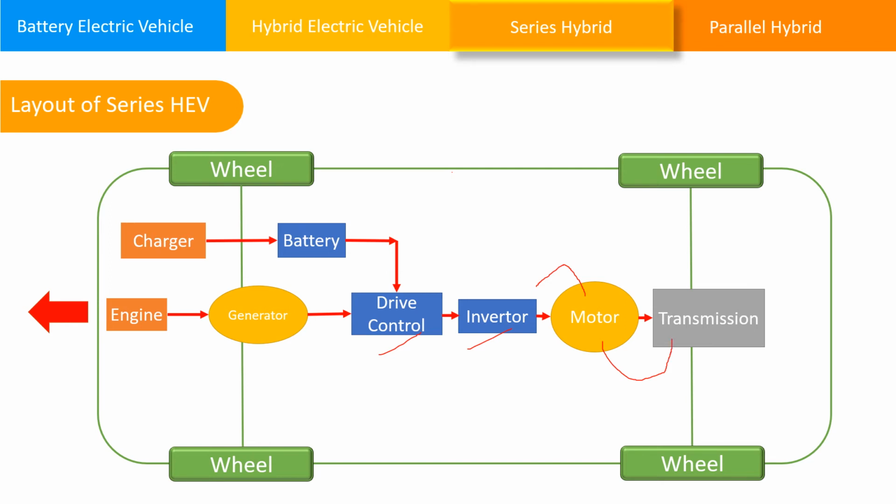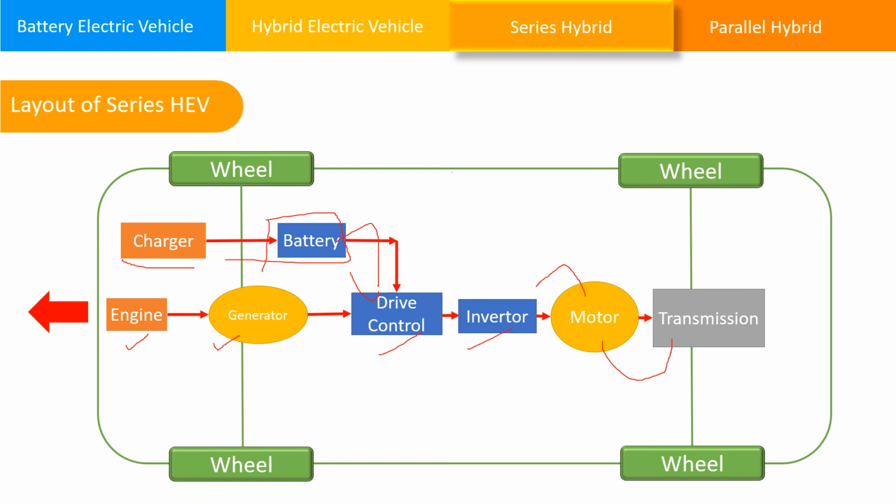But for this drive control there are two sources. There is an external charger whose energy can be stored in the battery and supplied to the drive control, or there is an IC engine which has a generator, and the electricity output of the generator is provided to the motor. So this is the series hybrid.